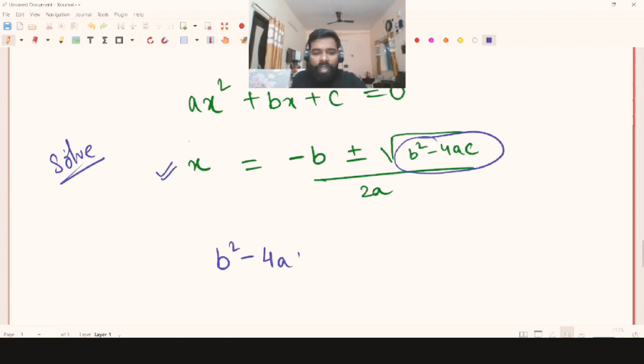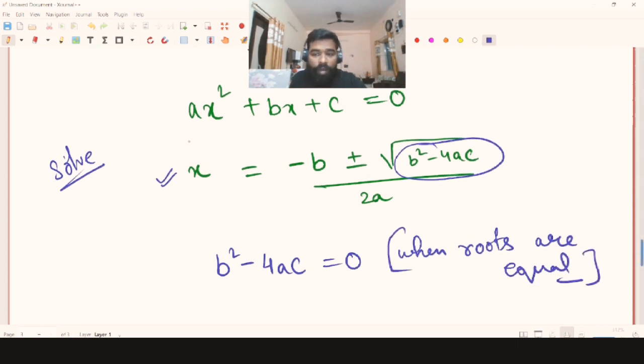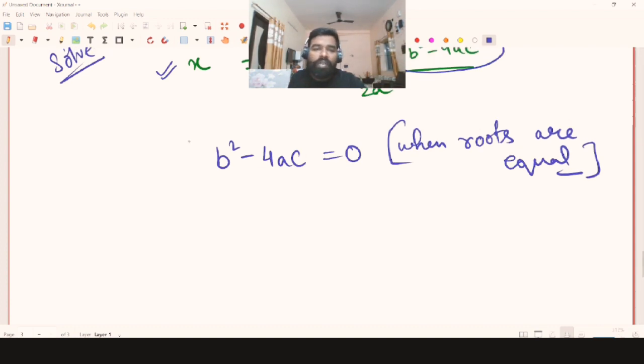That is, b square minus 4ac is equal to 0 when roots are equal. This is a very important question. Usually every year this question comes, so it's very guaranteed. Don't leave this question.